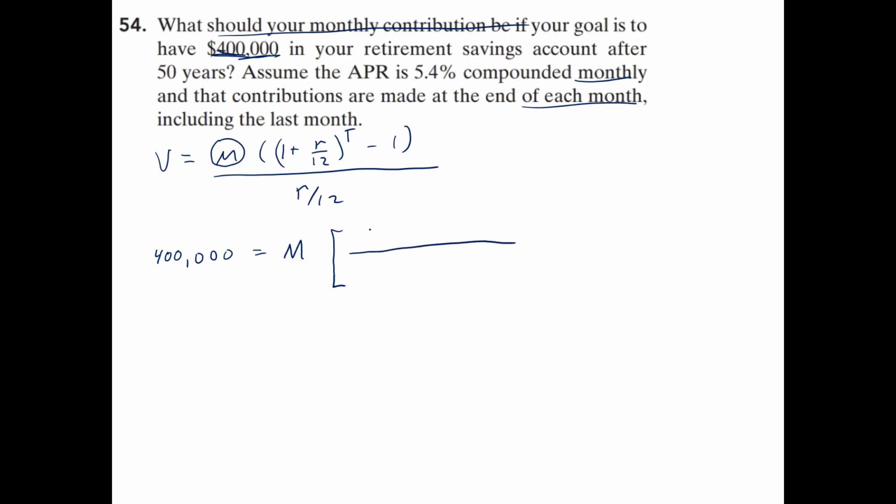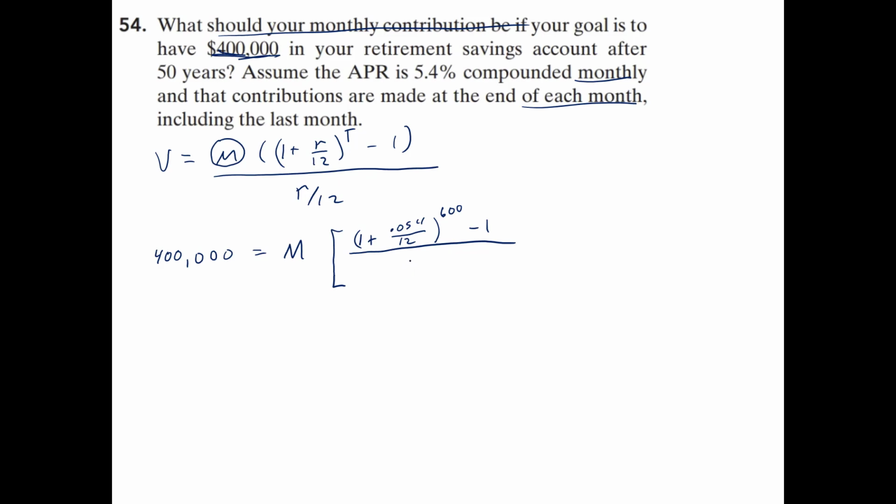We know that 1 plus our annual interest rate is the same, 0.054. We know that we have to divide it by 12. And we're doing this for 50 years. So 50 times 12, 5 times 12 is 60. We get an extra 0. So we get 600. So we're going to make 600 deposits. Minus 1.